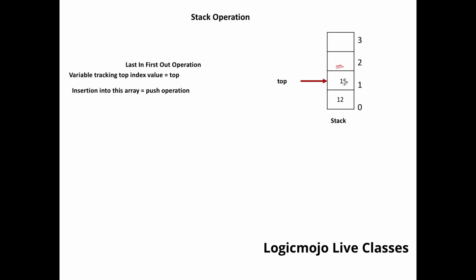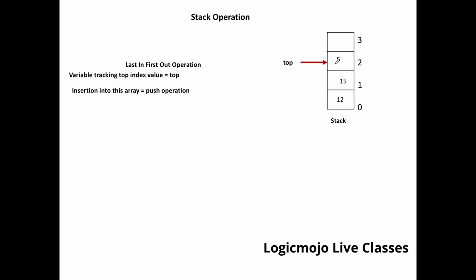So this is the delete operation that happens in case of a stack, and in stack terminology we call it the pop operation. So when we insert we call it push, and when we delete we call it pop, and both these operations take O(1) time. If you noticed, here we are using the last in first out operation. How? At the top of the stack previously we have 5.